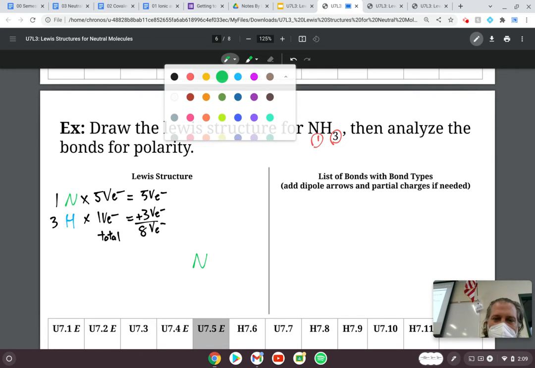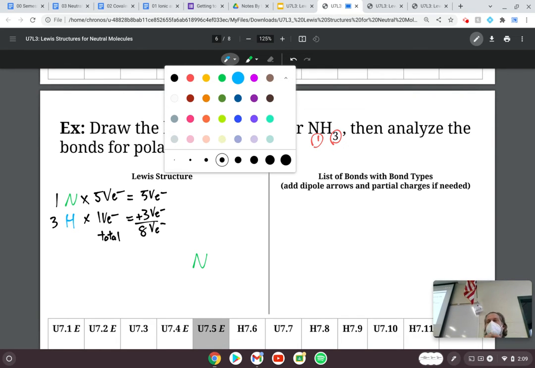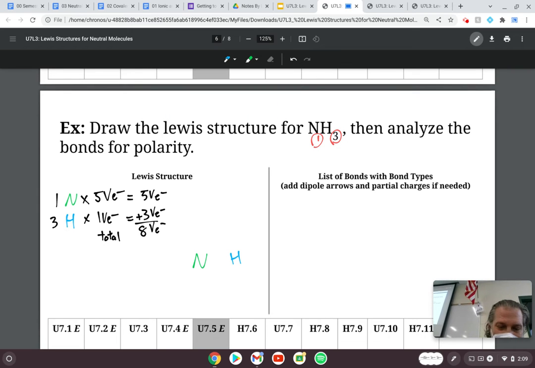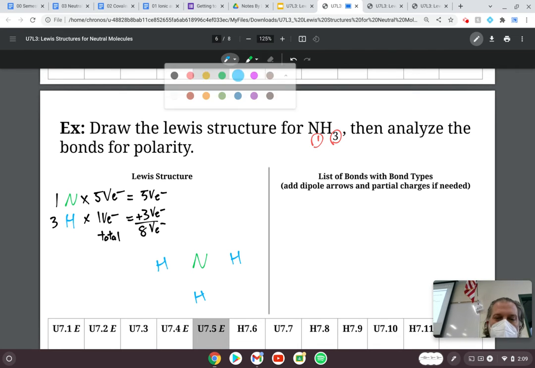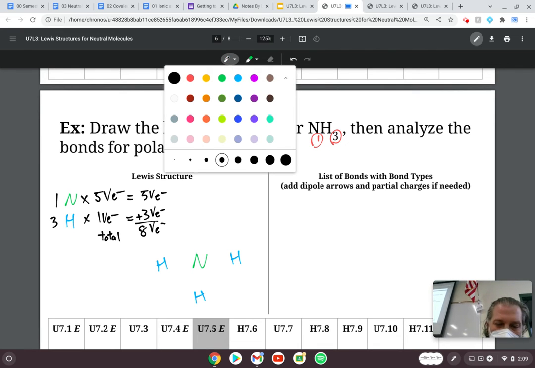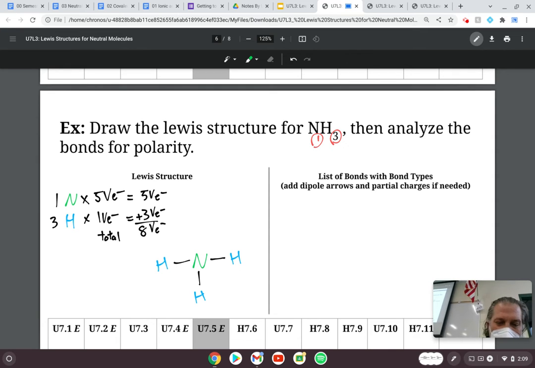The next thing I'm going to do is draw or add the other atoms to the central atom. So in this case, I have 3 hydrogens. So I'm going to go hydrogen, hydrogen, hydrogen to the central atom. Then I'm going to bond by drawing a line.